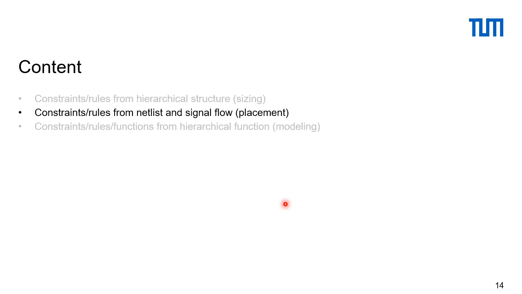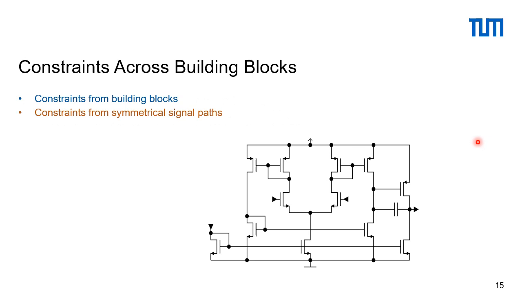Now let's switch gears. Let's not just look at the structure of the netlist, but let's also look at the signal flow through that structure, and let's see how this can be used for placement. So far we had constraints from building blocks, but now we are adding constraints from symmetrical signal paths.